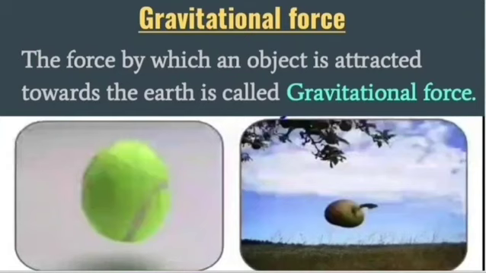The next type of non-contact force is gravitational force. So what is gravitational force? The force by which an object is attracted towards the earth is called gravitational force. We know that when we throw any object, it comes downwards.